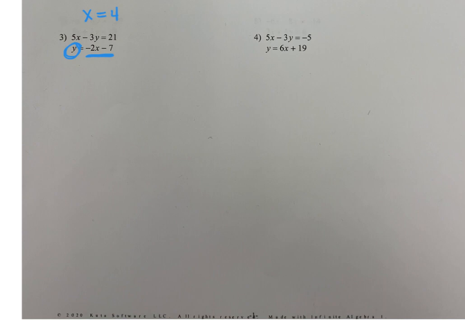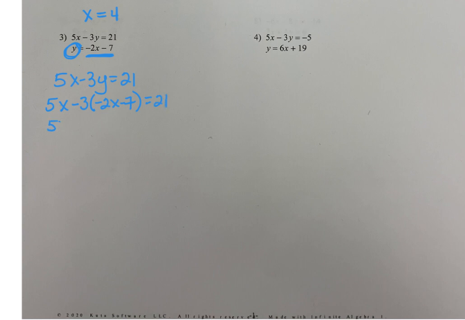So I'll rewrite my first equation. Okay, so that is 5x minus 3y equals 21. I'm going to substitute that y with negative 2x minus 7 equals 21.